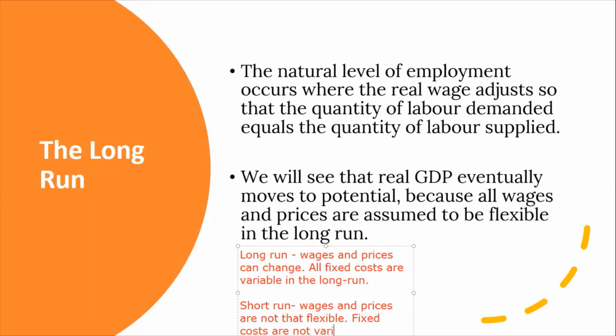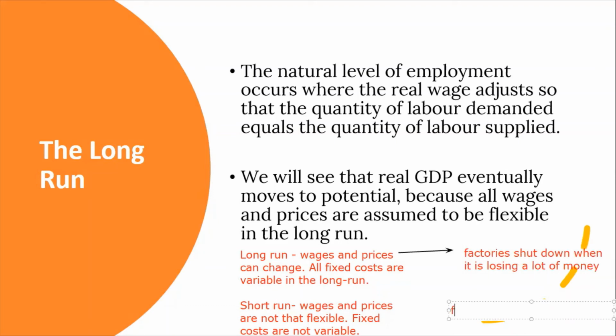That's a big difference because this influences shutdown decisions. In the long run, a factory shuts down when it is losing a lot of money, and in the short run, factories stay open because they can cover variable costs.